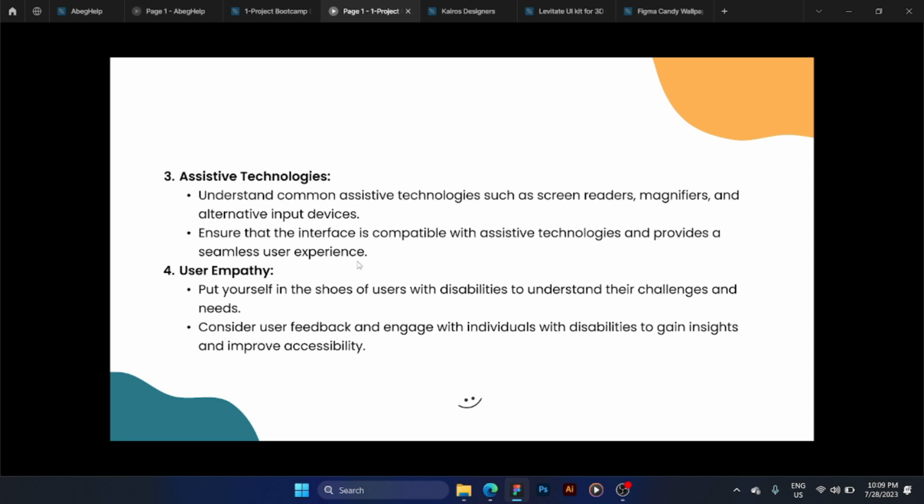Another thing is user empathy. You must always ensure that you put yourself in the shoes of anyone that you are trying to serve. If I'm blind, if I'm deaf, how will I be able to use this? You consider all of those ways. The number of people that are disabled, that have one issue or the other, is great.